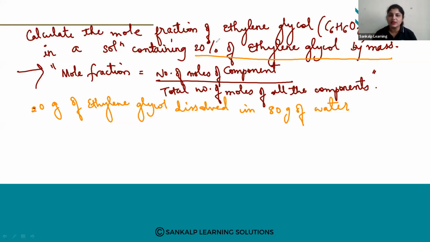Percent means out of 100. So out of 100, if 20 grams is ethylene glycol, the remaining will be water.